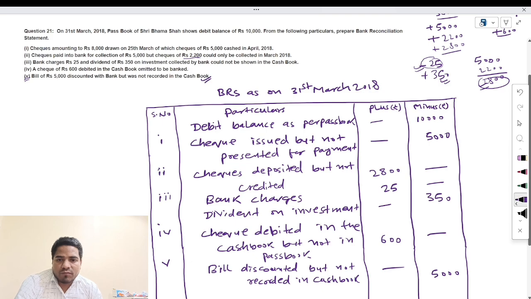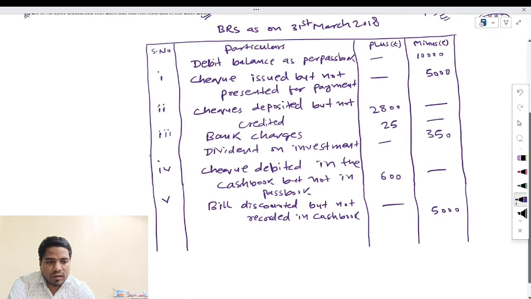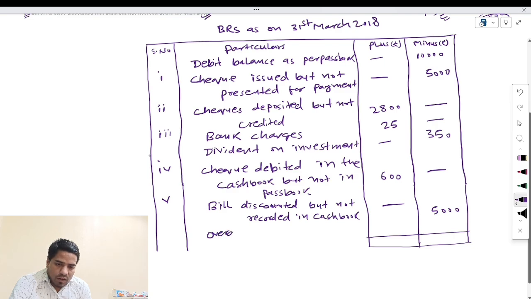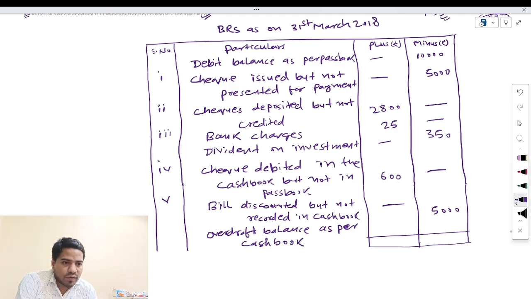Now we have to balance, and after balancing, what shall we get here? Overdraft balance as per cash book. 10,000 plus 5,000 plus 5,000, 20,000, 20,350.